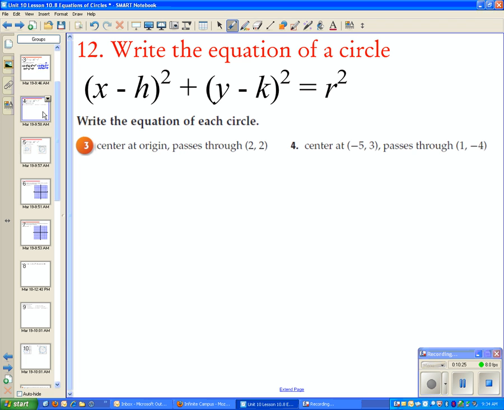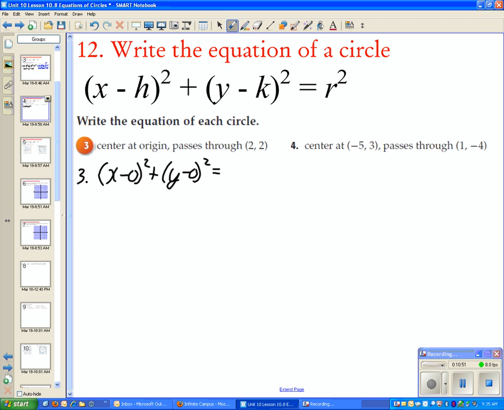Now, number 3. The center is at the origin. What are the coordinates of the origin? 0, 0. So for number 3, we would have x minus 0 quantity squared plus y minus 0 quantity squared equals, and it passes through the point 2, 2.